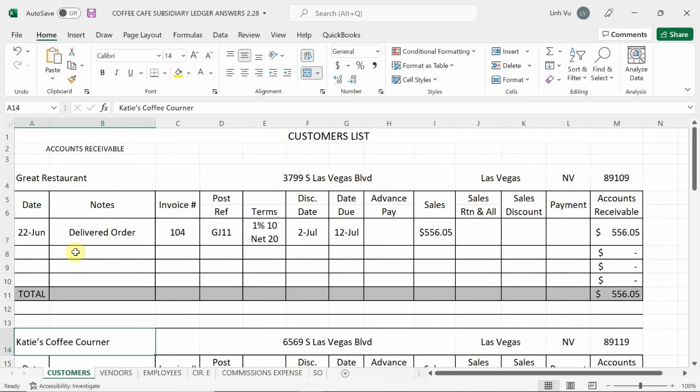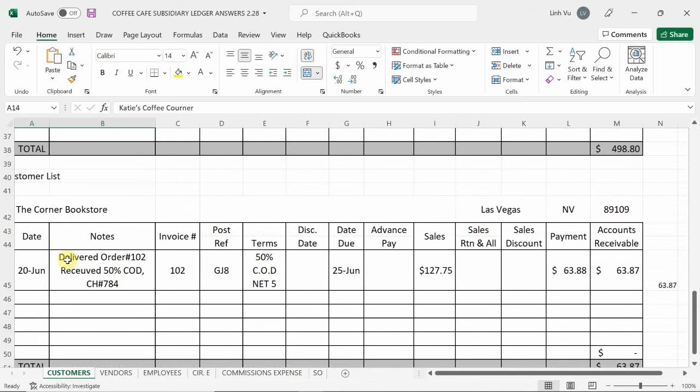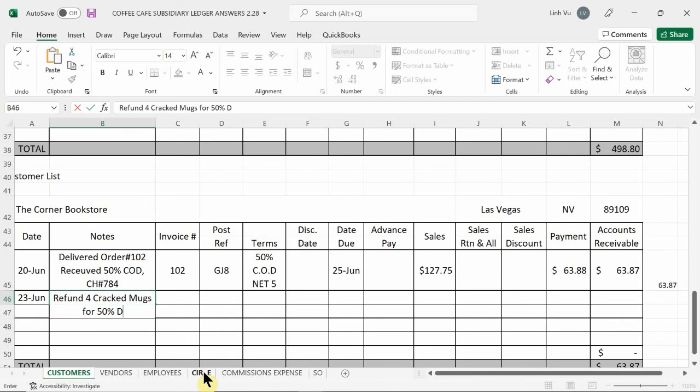So the corner bookstore right here. Refund for cracked mugs for 50% discount. And then write to be applied to invoice.